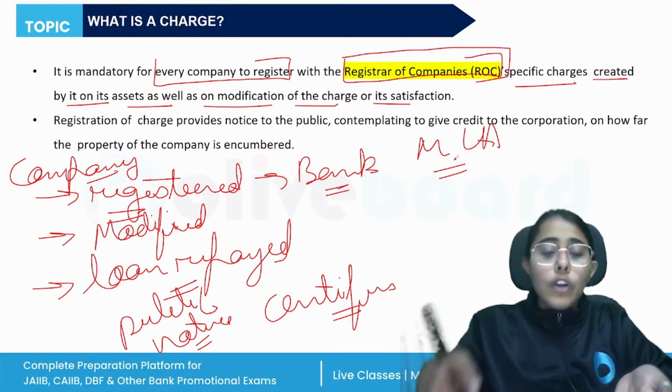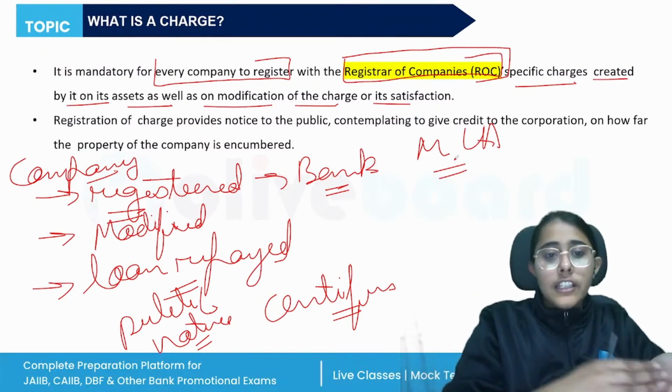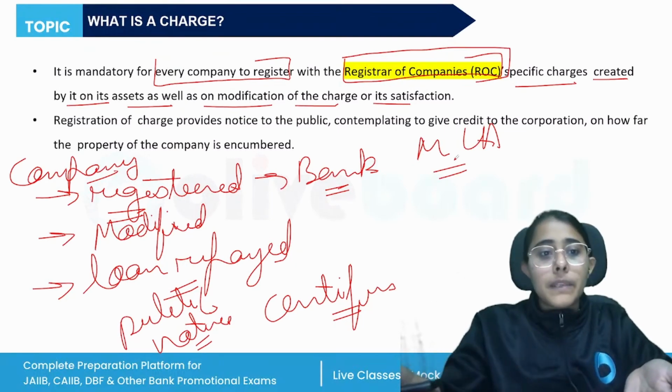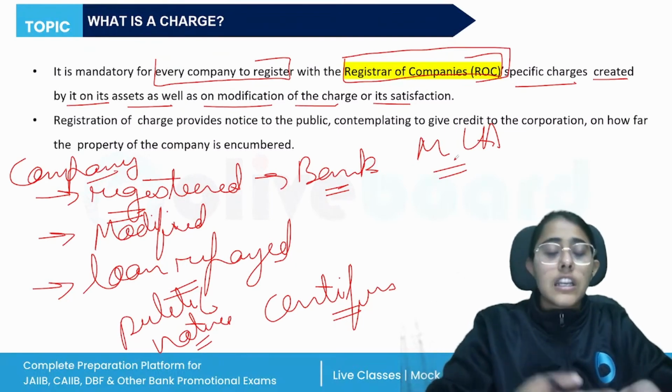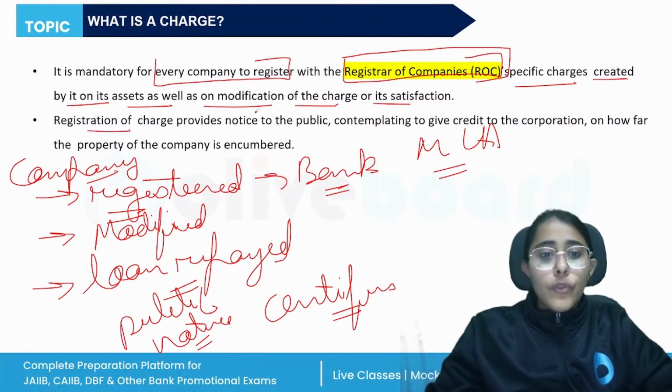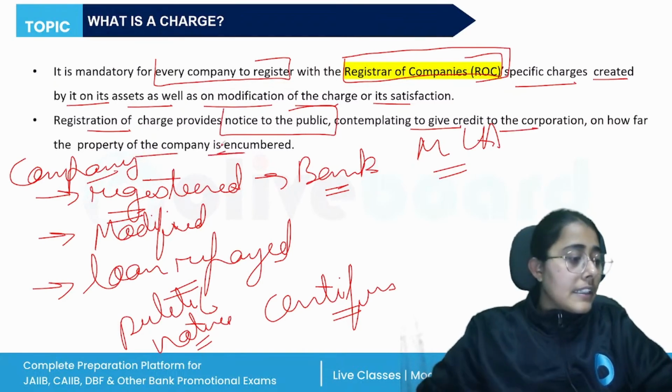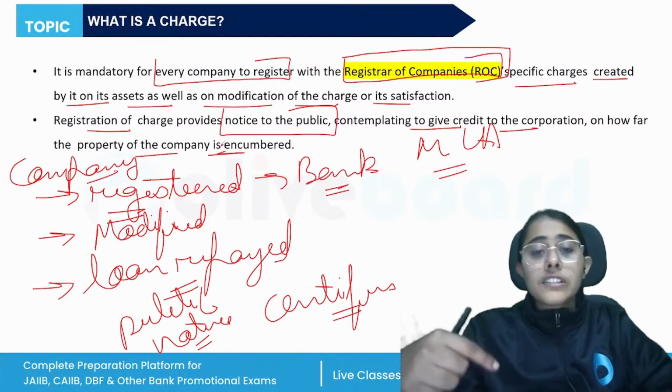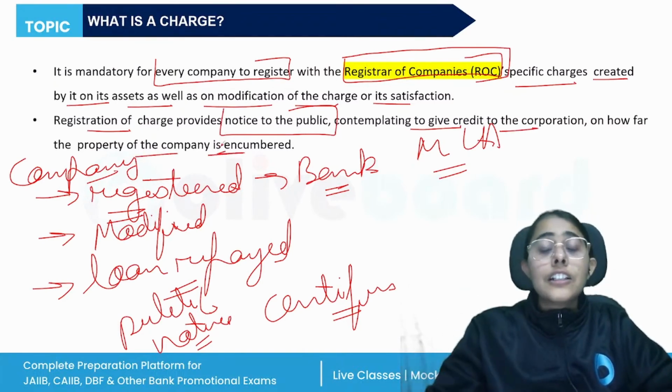They believe that this is now public knowledge. The notice is being provided to the public that the charge has been registered. So the registration of charge provides notice to the public contemplating giving credit to the corporation on how far the property of the company is encumbered. So now it is the responsibility of the creditor to check on the MCA website.